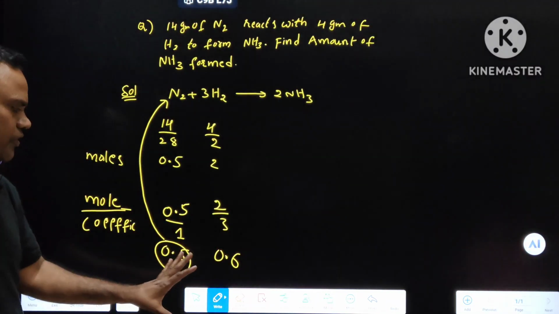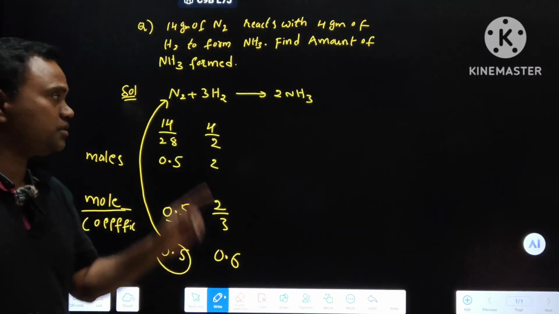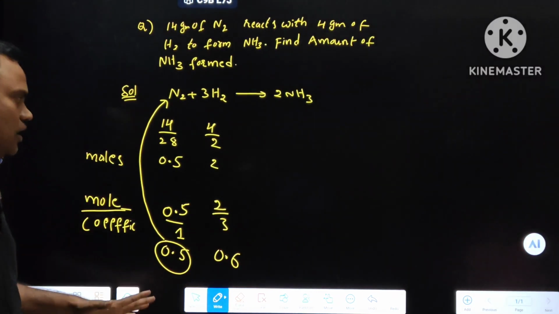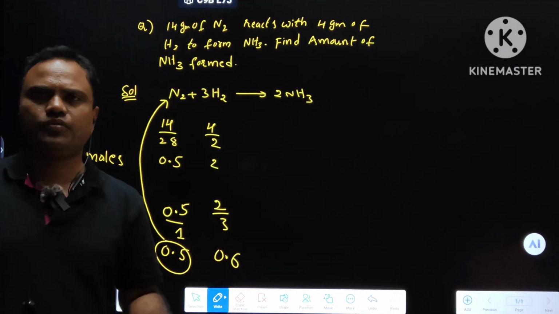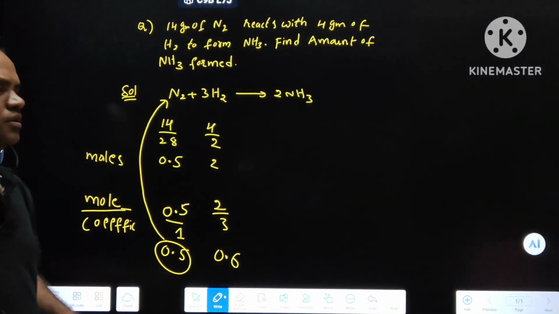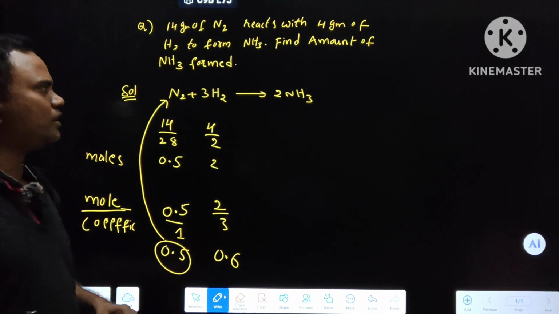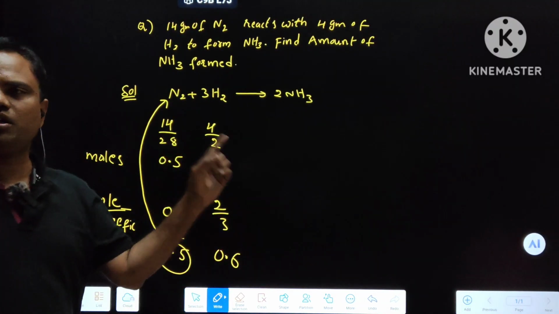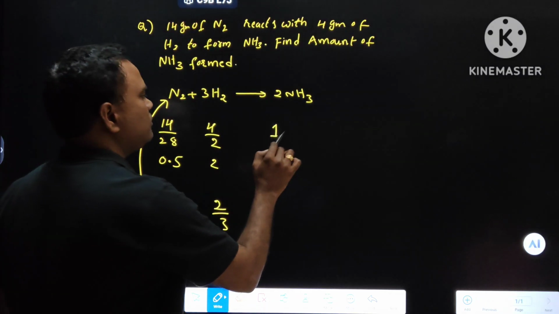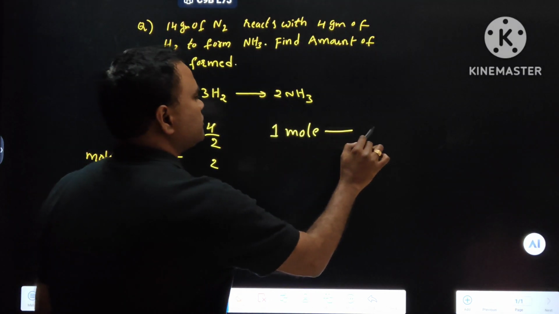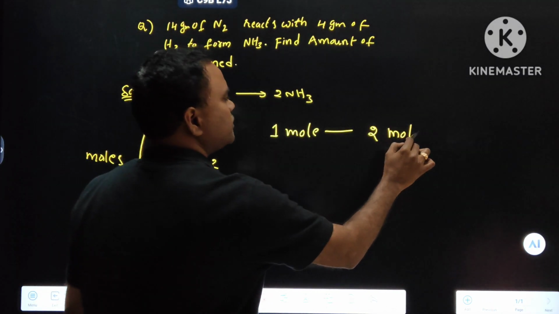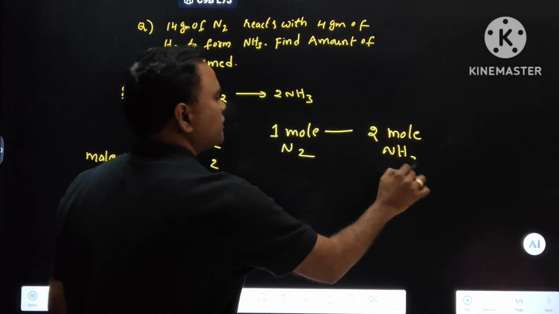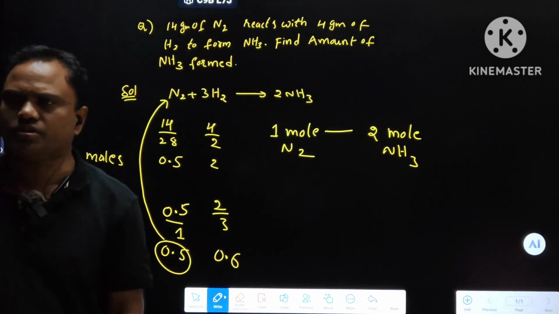How? Let us see. After finding the limiting reagent, come to the well balanced main equation. According to the main equation, how many moles of nitrogen give how many moles of ammonia? 1 mole of N2 gives 2 moles of NH3, based on the coefficients.